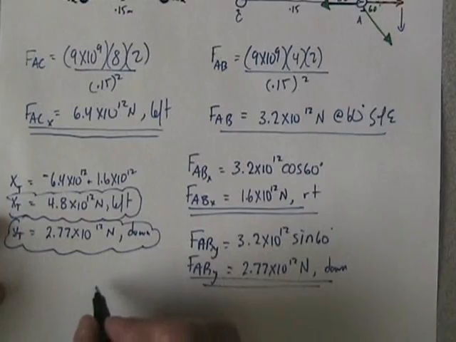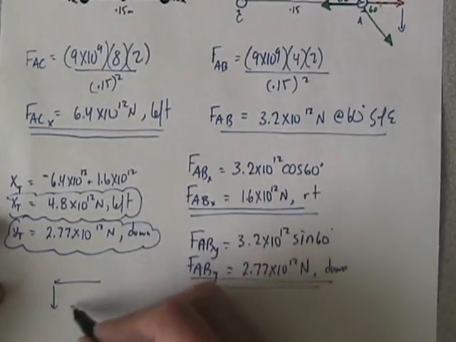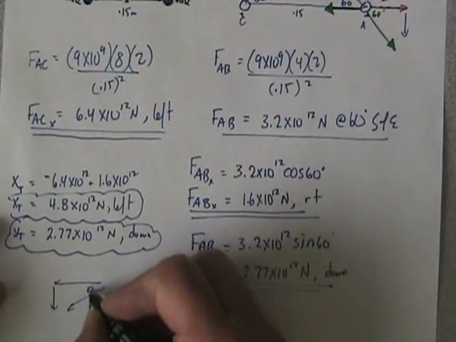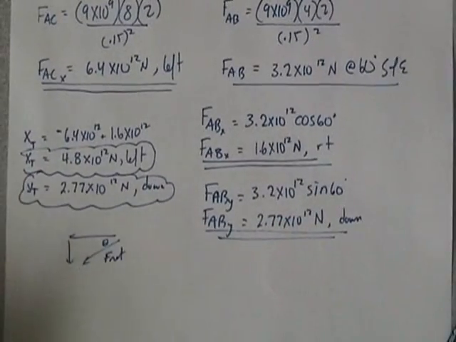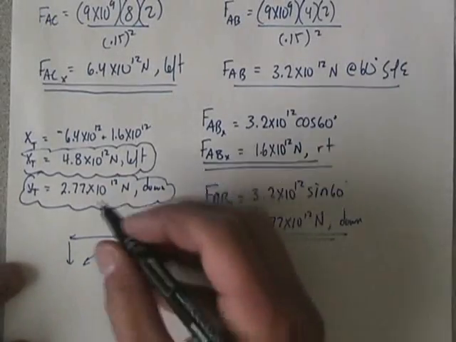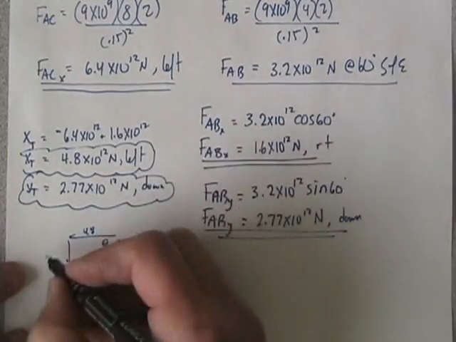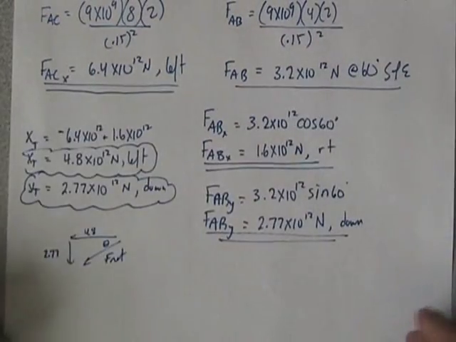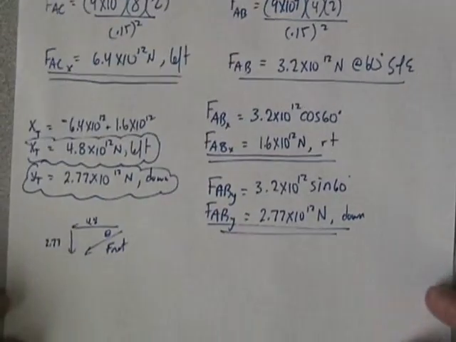Quick sketch. I've got to go left and down. That means this is my F net. That's the angle I want to find. So this is my x, that's 4.8, and this is 2.77. I'll just remember that it's times 10 to the 12, but when I do my tangent, the 12s will cancel anyways.